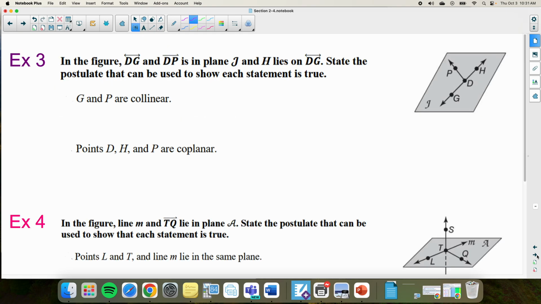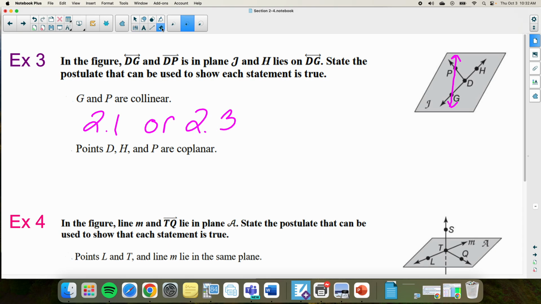Okay, so if we look at example 3, we have this drawing over here, and they say G and P are collinear. And you might look at this and go, no, they're not, but you could draw a line through there. Which one says if you have 2 points, you can draw a line? 2.1 or 2.3, I would accept either.